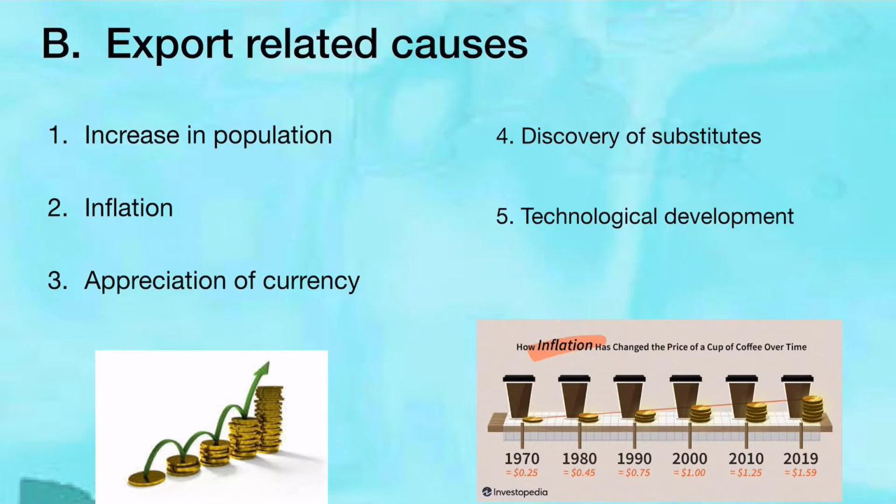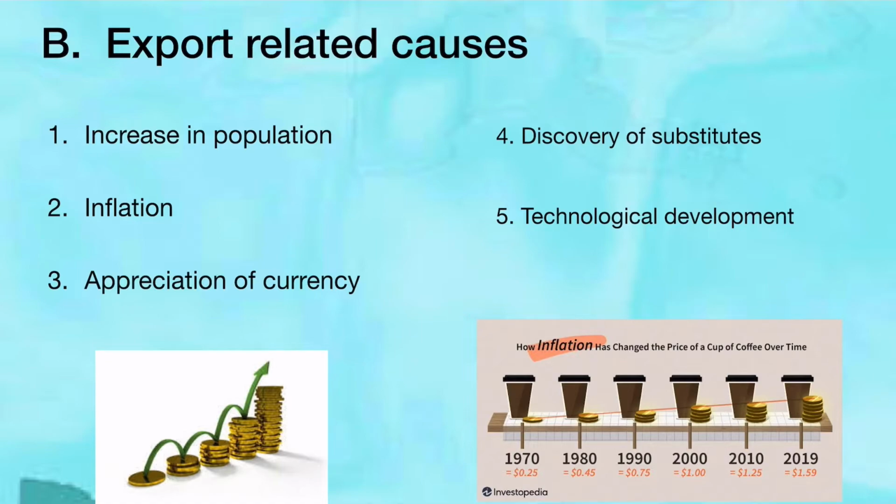Next, we have the third cause called appreciation of currency. Appreciation of home currency. Now, what does this concept talk about? Let's say, for example, $1 equals 60 rupees. Okay, and now the point says appreciation of currency.